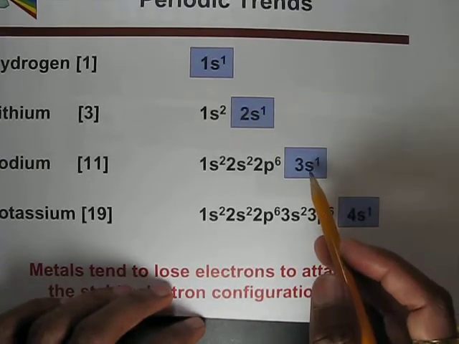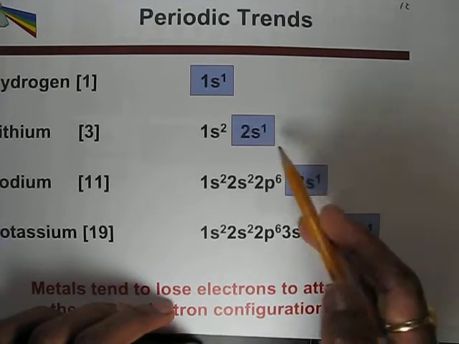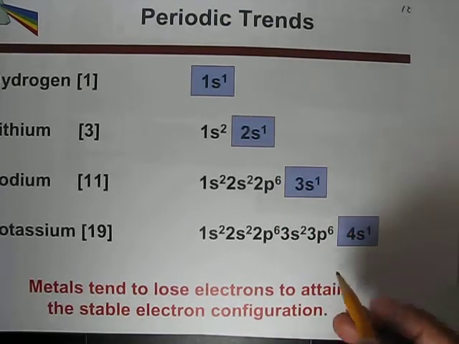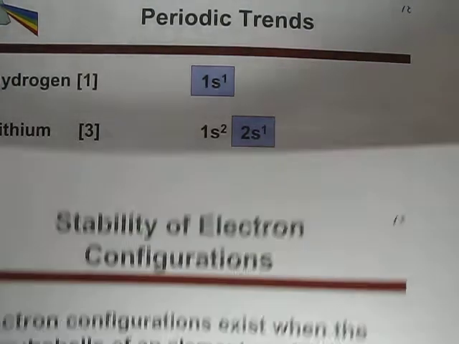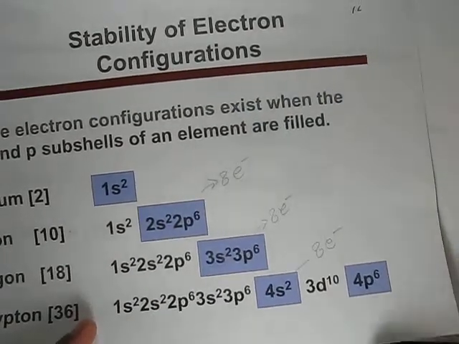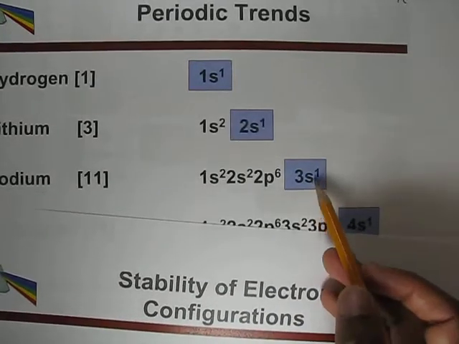These metals have a tendency to lose the outermost electron so that they can attain the stable electronic configuration. A stable electronic configuration means they must have 8 electrons in the valence shell.